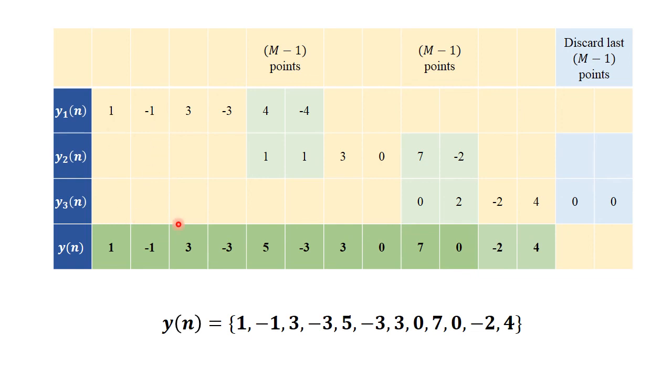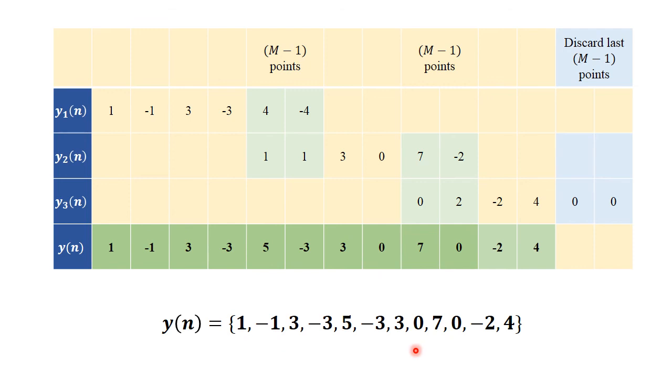So the values are kept as it is. Okay, then 4 plus 1, 5, minus 4 plus 1, minus 3, then 3, 0, then 7 plus 0, 7, minus 2 plus 2, 0, then these two values kept as it is. So last two values are being discarded. Now this is going to be the answer y of n we are going to have.